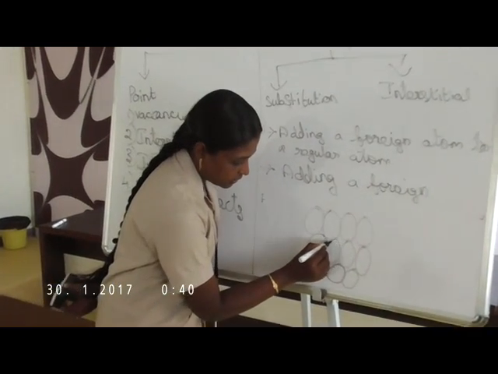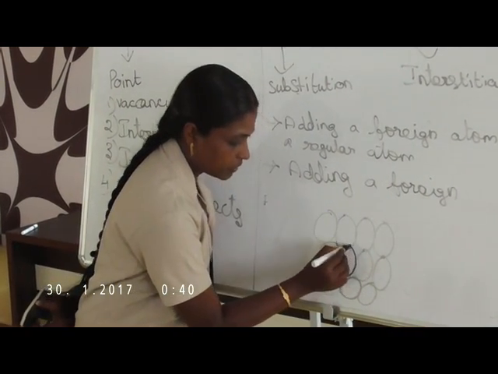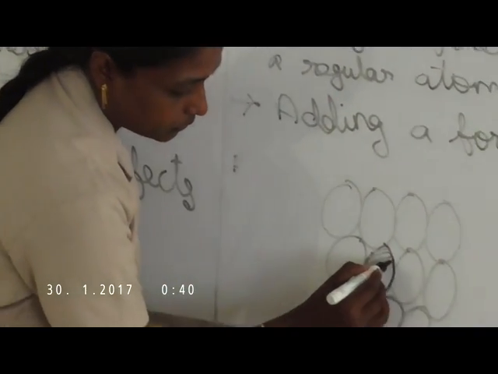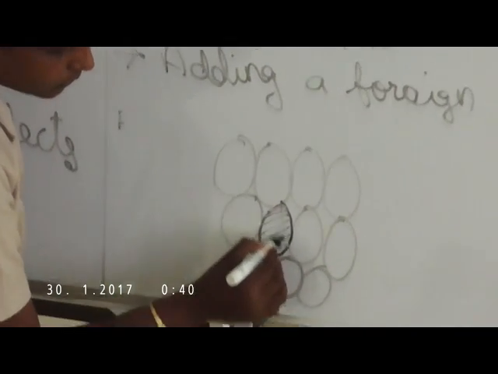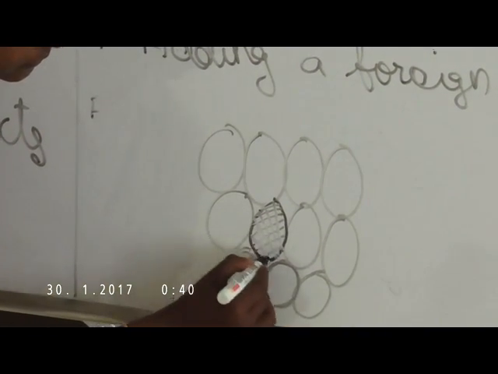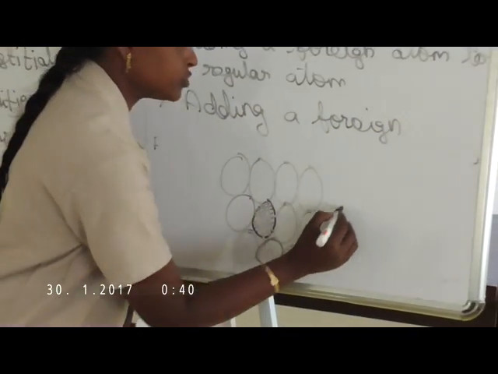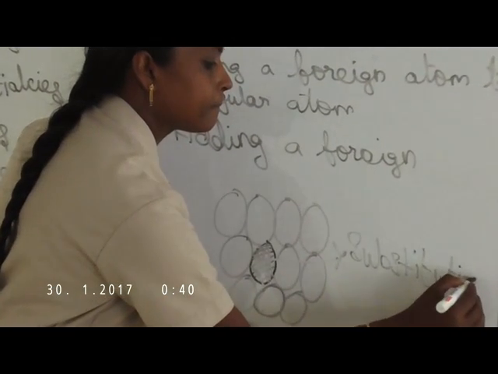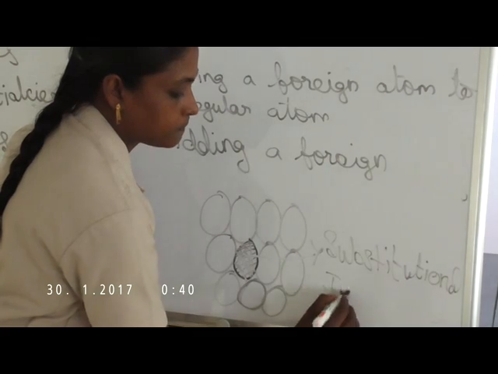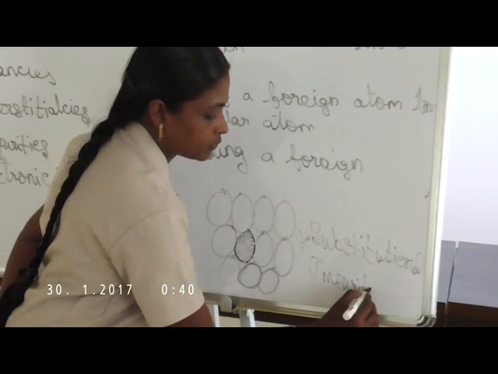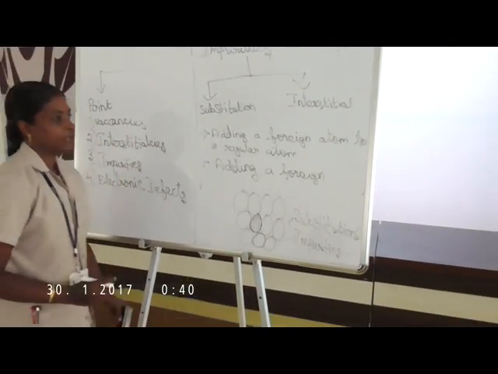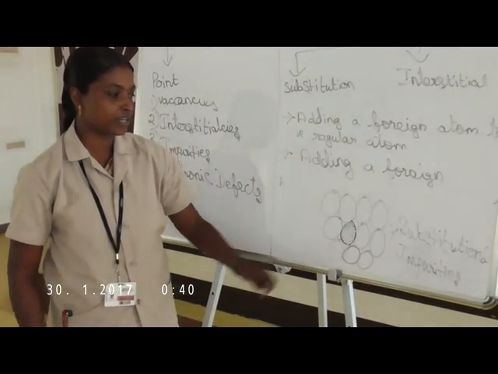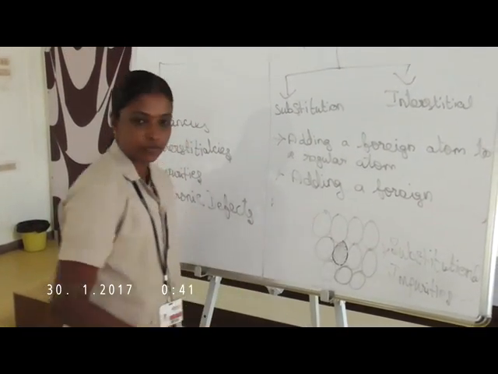Suppose we displace this parent atom and place a foreign atom here. This is the substitutional impurity. By displacing the parent atom, we are adding a foreign atom. That is the substitutional impurity.